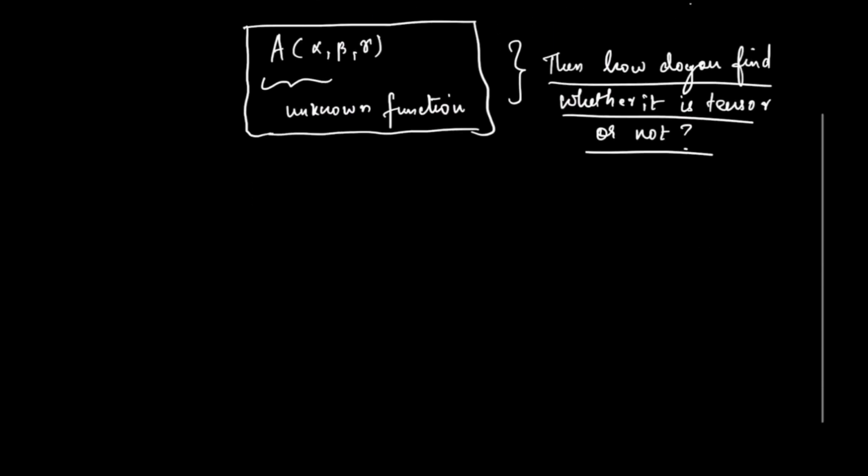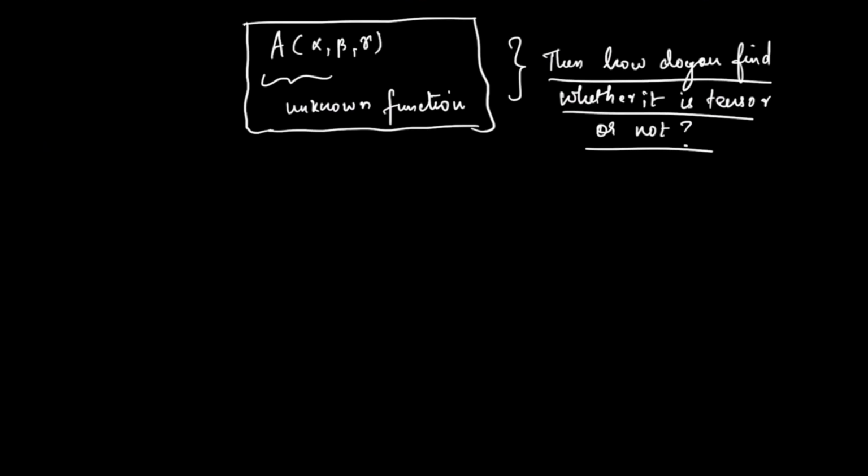The quotient law states that if the inner product of an unknown function with an arbitrary tensor is a tensor, then the unknown function is a tensor.